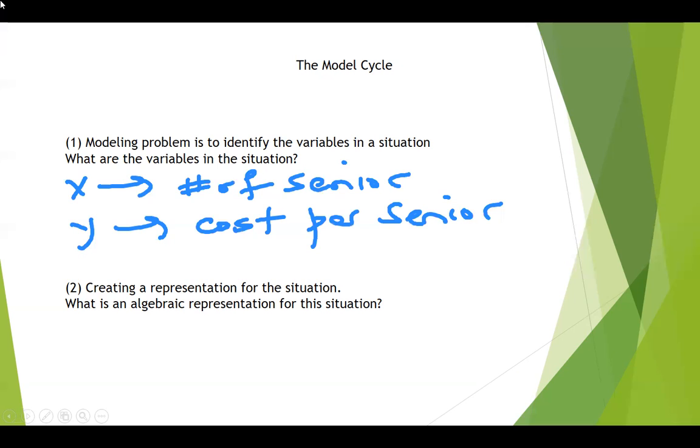I would move on to the next step, where I would ask them to create a representation for the situation. I will go over keywords like average, and I would also give them some test scores and ask, what's my average? This brings out the concept of dividing. The question I would ask is, what is an algebraic representation for this situation?